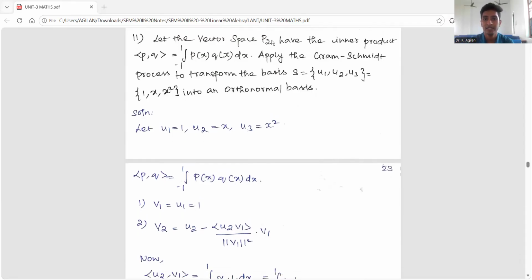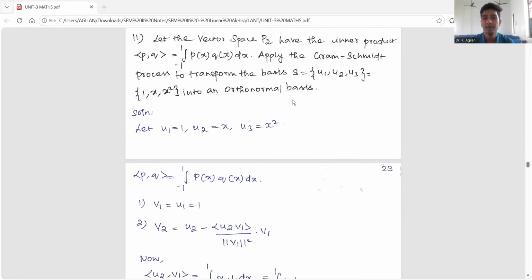Let the vector space P2 have the inner product of p, q equal to the integral from -1 to 1 of p(x) q(x) dx. Apply the Gram-Schmidt process to transform the basis S = {u1, u2, u3} = {1, x, x^2} into an orthonormal basis.